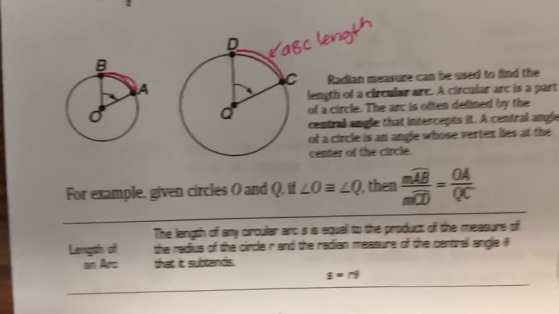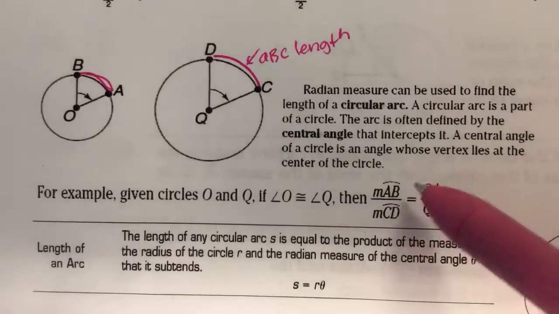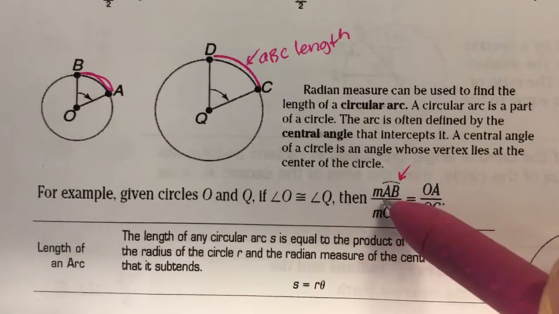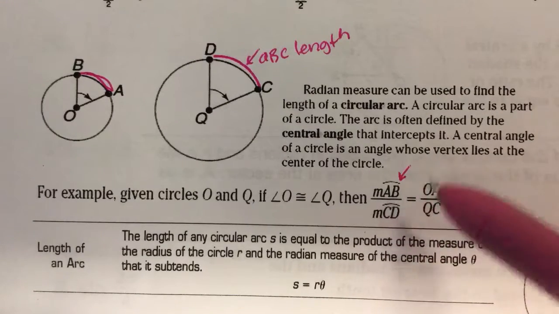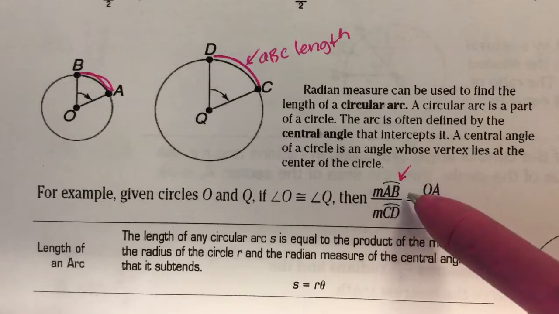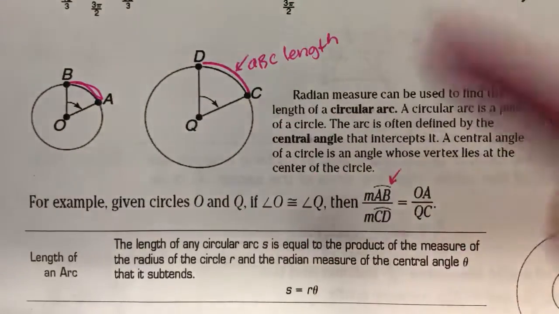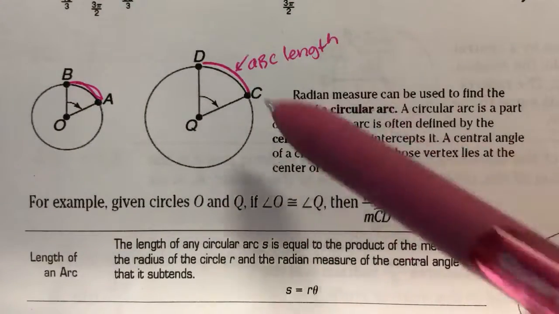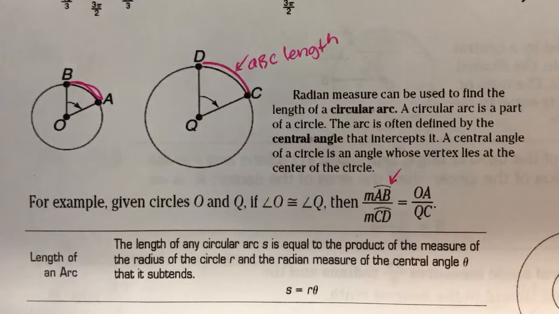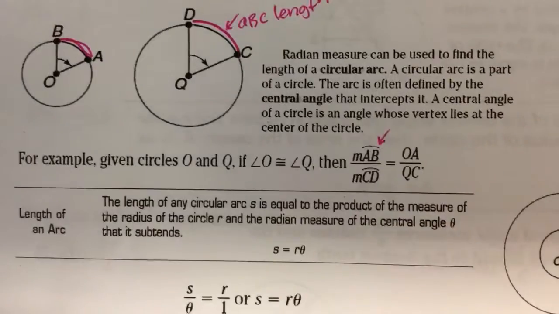So here would be my notation. When they have M, that's the measure of. Instead of angle, we're going to talk about arc AB. And arc C to D. Okay, we're trying to figure out how to find those.